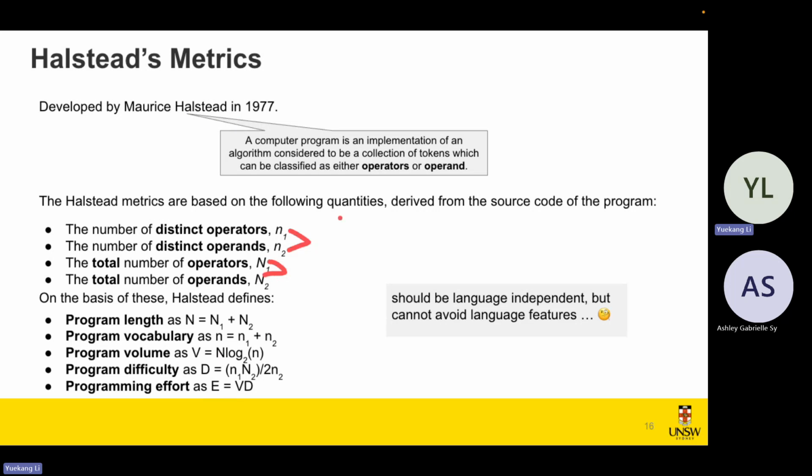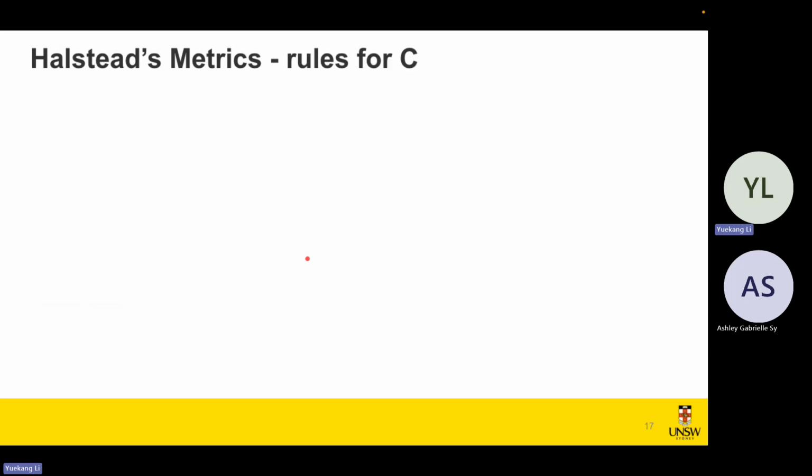Ideally, this metric should be language independent, but in reality, we cannot avoid some language features, because in different programming languages, we may map different notations as different operators and operands accordingly. So let's learn about the rules for the C language.